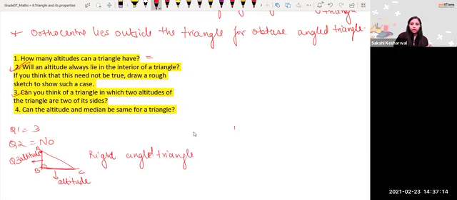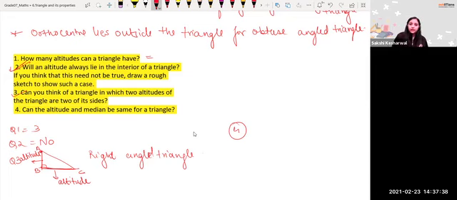Now just see the fourth part. It says, can an altitude and median be the same for a triangle? Yes, it is the same only for an equilateral triangle, right? In an isosceles triangle, only one specific median and one specific altitude are going to be the same, but the rest of the two are not going to be the same.